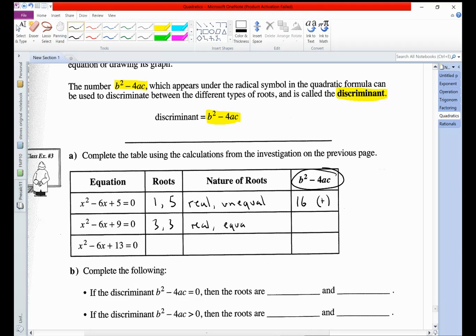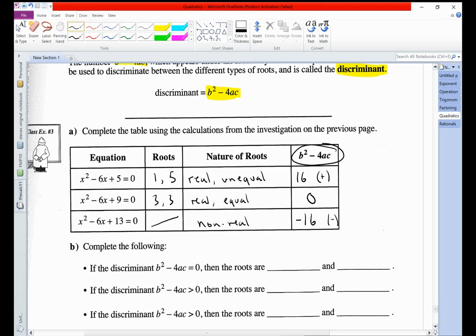They were equal, and our discriminant was 0, right? When we plugged everything under that square root, it came out to be the root of 0. And in the third graph, we didn't have any roots. They were non-real, and underneath our square root, our discriminant, was negative 16, a negative value.